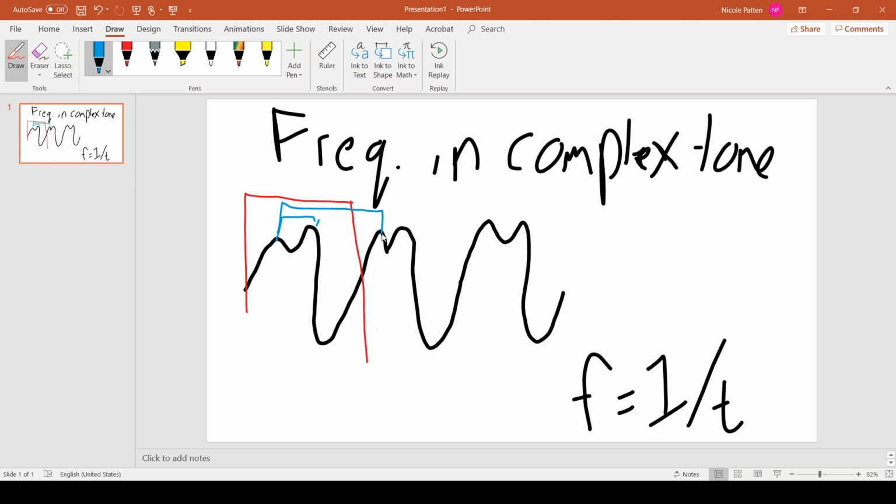So you have to go from identical peak to identical peak. Obviously here, trough to trough is just fine, because there's only one trough. So you go from identical peak to identical peak, or where this wave begins to where this wave begins again, where it replicates itself.